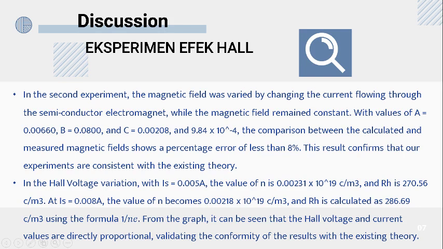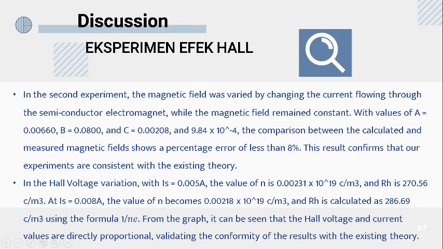In the Hall voltage variation, where IS is 0.005 ampere, the value of n is 0.00231 × 10^19 per cubic meter and RH is 270.56.